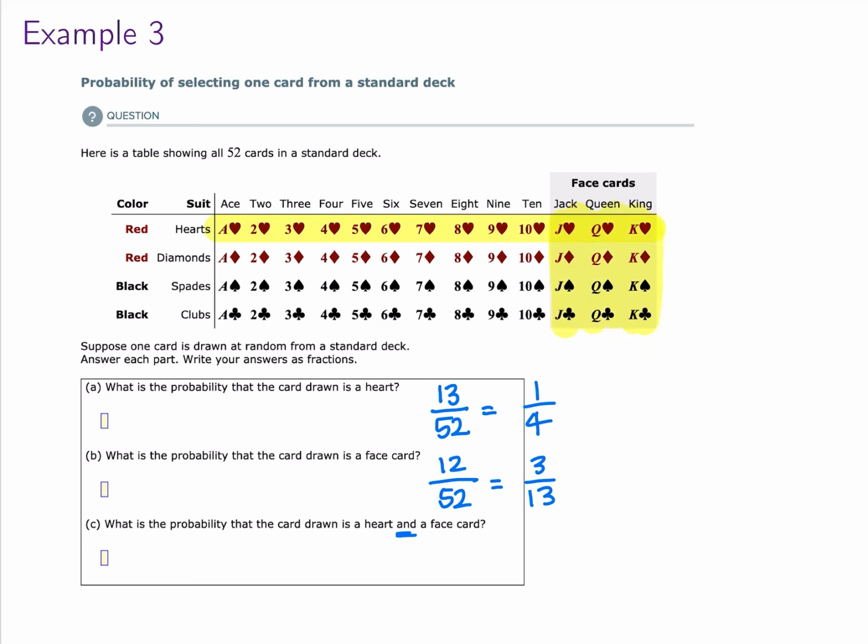So where are these overlapping? That's these last 3, the Jack, Queen, and King of Hearts. So there are 3 possible cards that are a heart and a face card at the same time out of all 52 cards. So 3 out of 52 is our probability because there are 3 that meet the criteria, heart and face, out of the entire 52 cards.